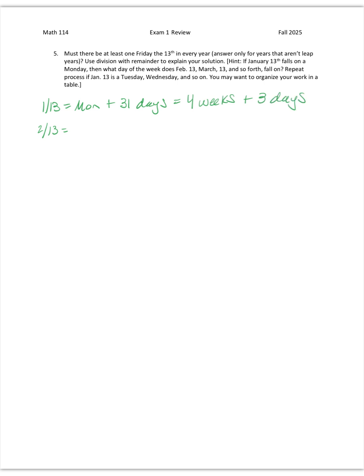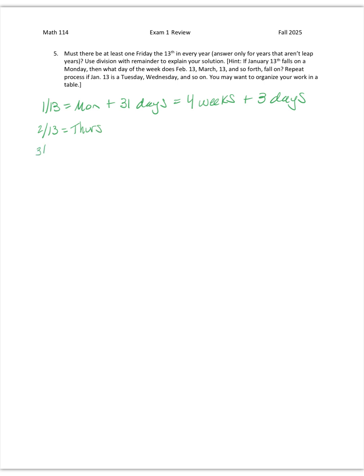Which means that if January 13th was a Monday, February 13th is 3 days later than that. Because 4 weeks later, it will be a Monday again, and then there's 3 more days. So Tuesday, Wednesday, Thursday. So February 13th is a Thursday.